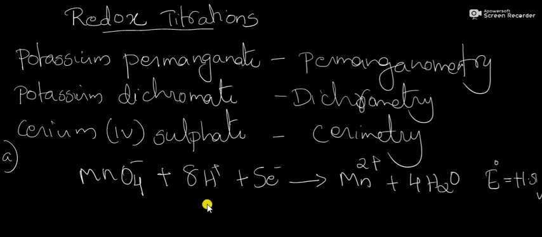In acid medium, it gets easily reduced to colorless manganese ions, Mn2 plus ions, in redox reactions according to this reaction. Here, the electrode potential, that is the reduction potential E0 value, is very high.